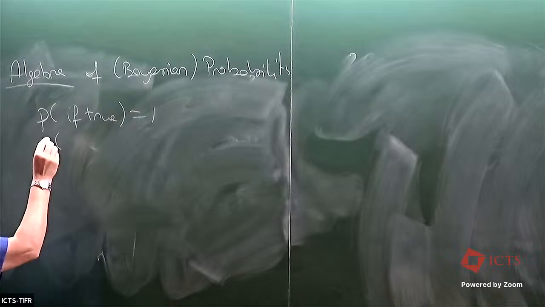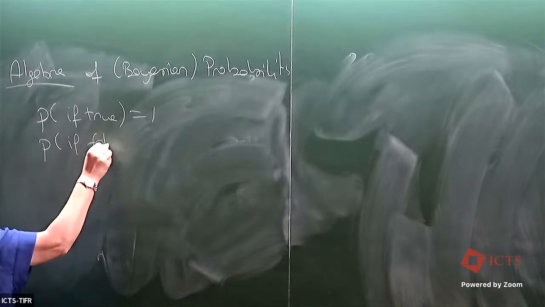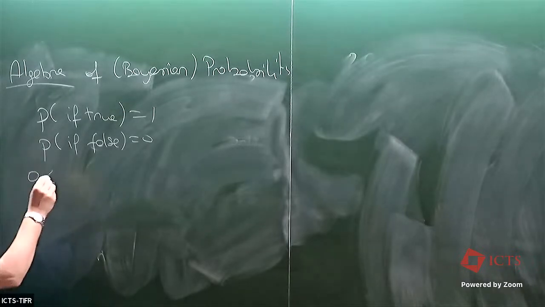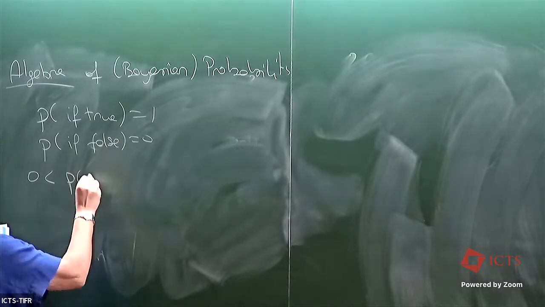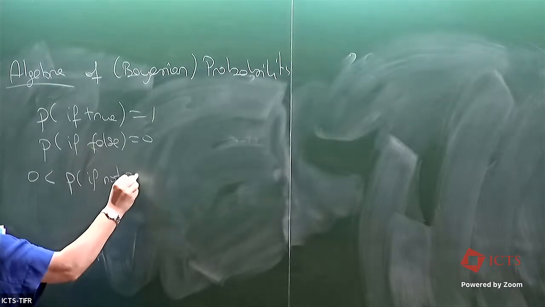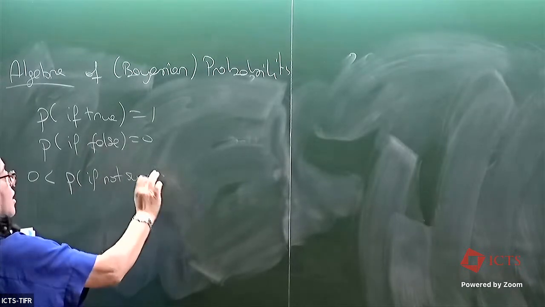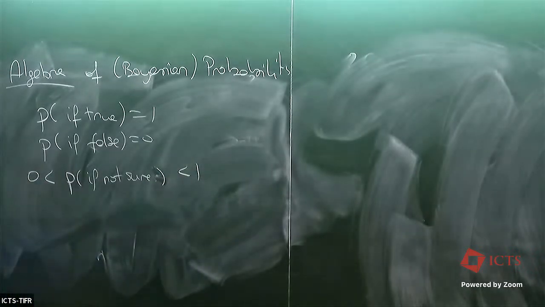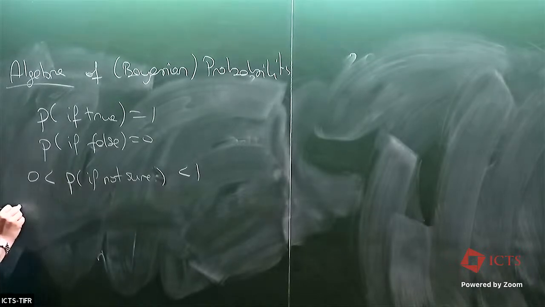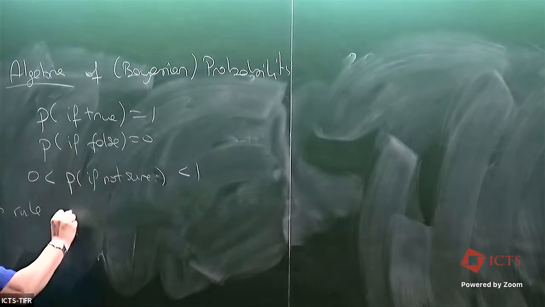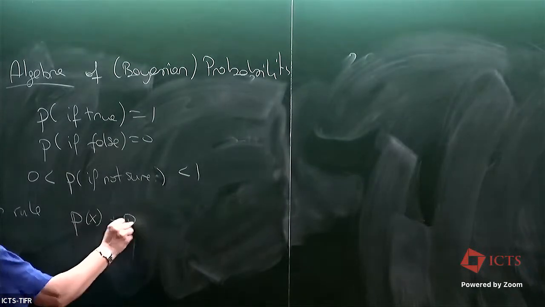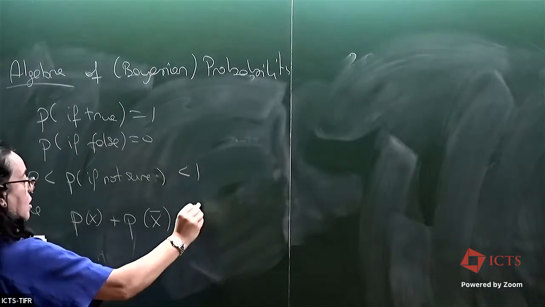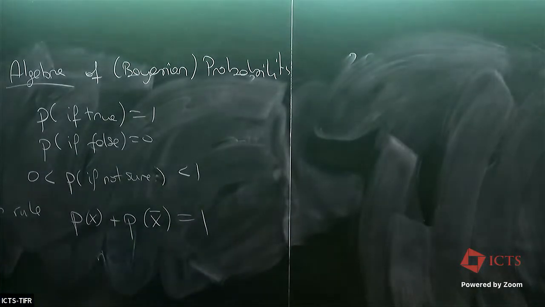The probability of false is 0. And if not sure, it's something between 0 and 1. Then there is the sum rule: the probability of a certain statement plus the probability of the negation of this statement is always 1.